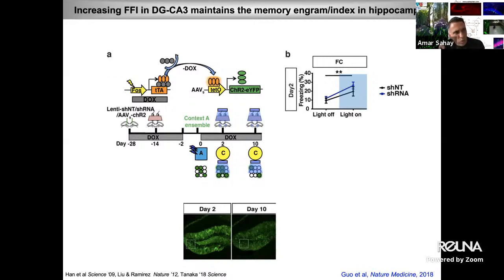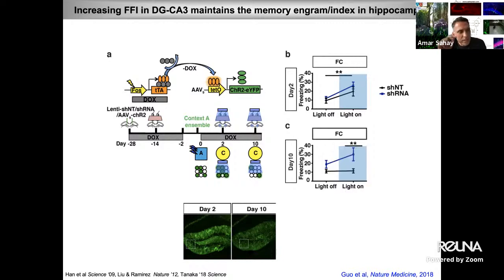But the interesting question for us was that at the remote time point, can we still access the memory? And to do that, we then stimulated the ensemble of context A, or the engram of context A, in the dentate gyrus at day 10.